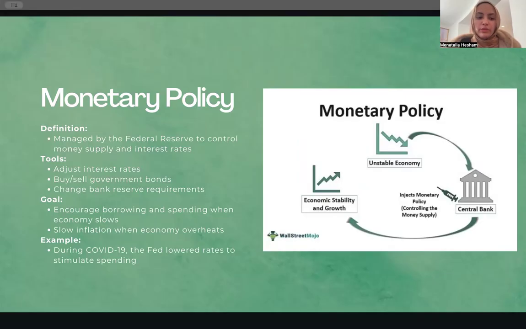For example, when the Federal Reserve lowers interest rates, borrowing and spending increase, stimulating economic growth. On the other hand, raising interest rates can slow inflation, but may also reduce investment. A recent example is the Fed lowering rates during the COVID-19 pandemic to encourage spending and support the economy.